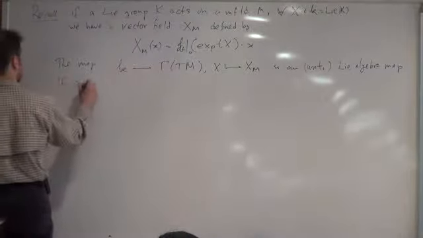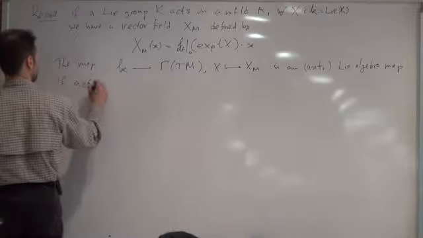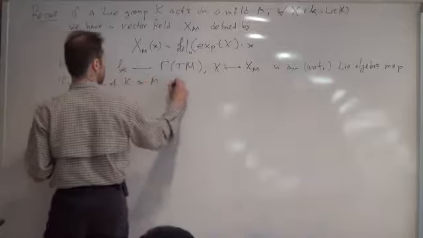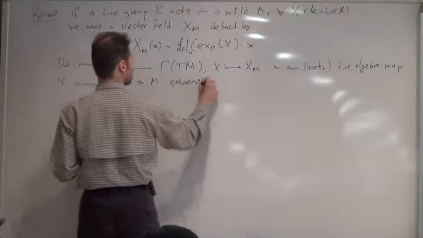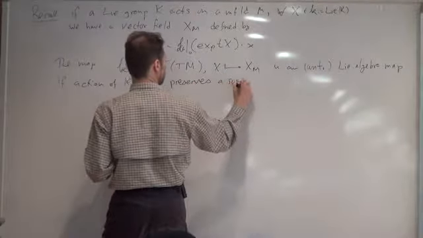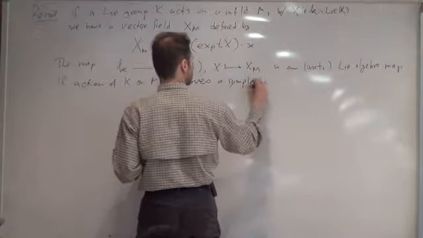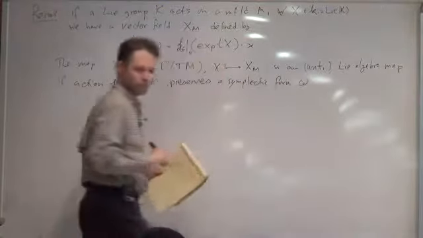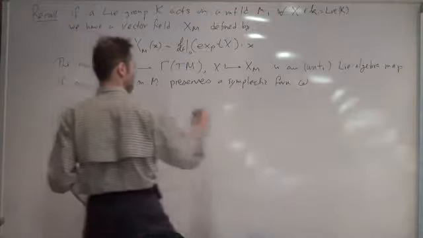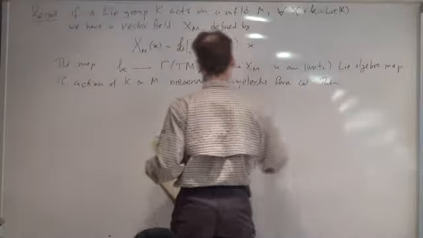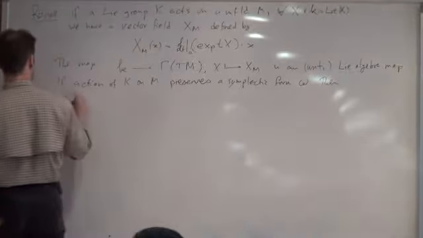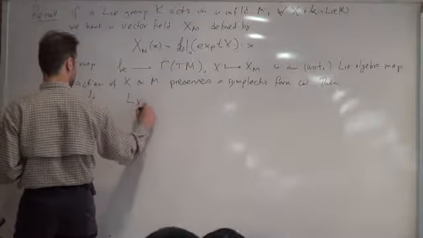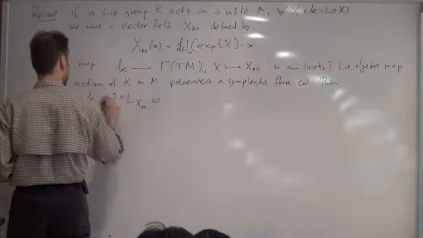Now, if the action of K on M preserves a symplectic form omega, then let's see what happens. For any x in the Lie algebra, the Lie derivative with respect to this induced vector field is 0.